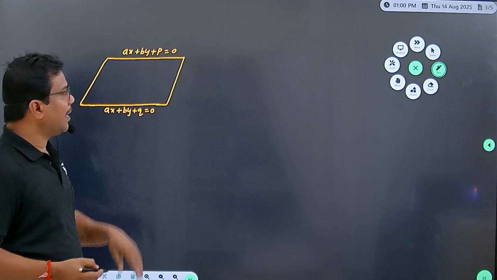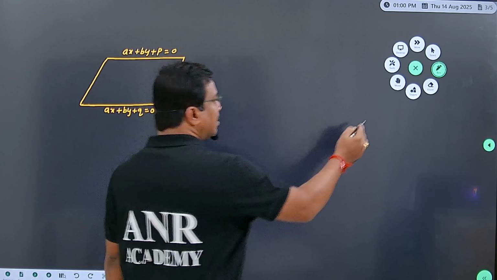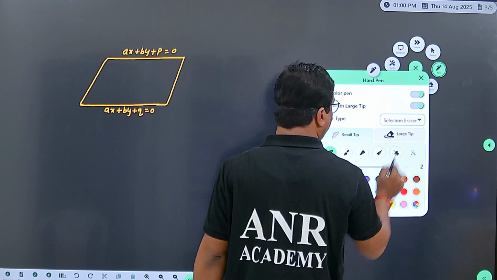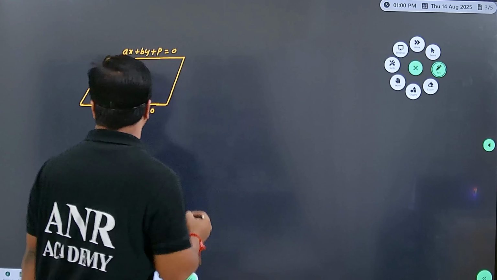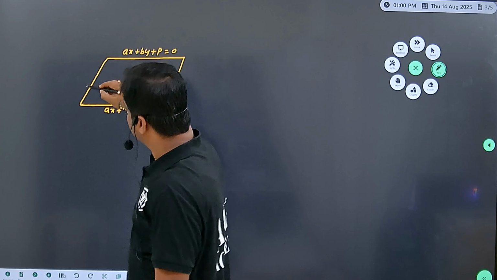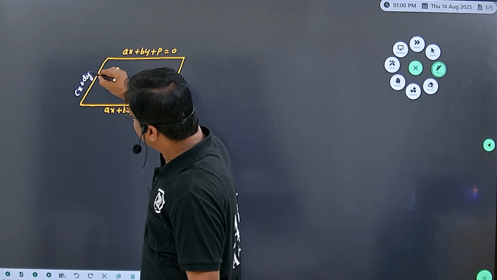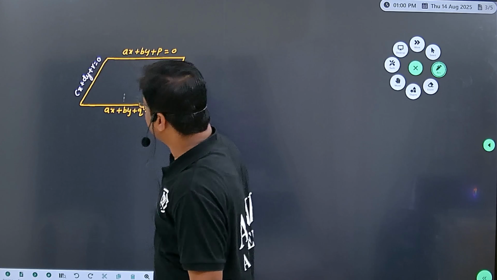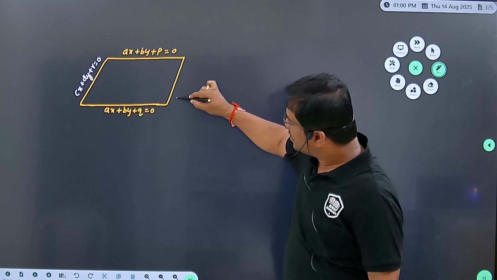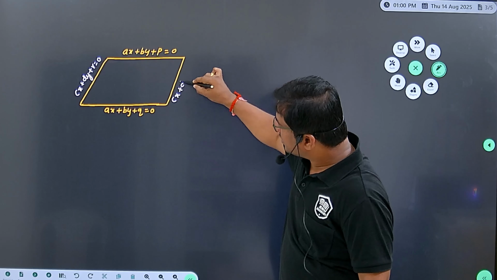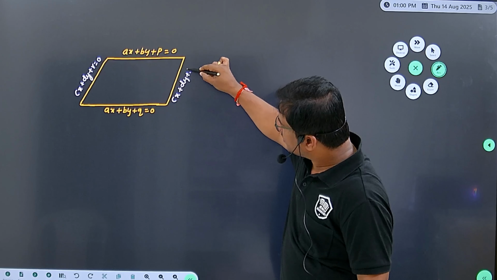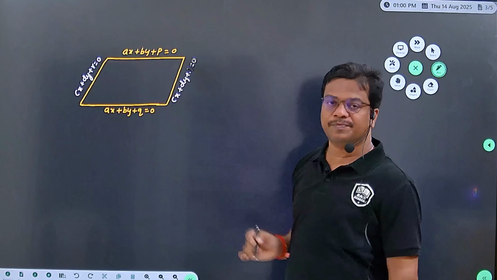Next two parallel lines are cx plus dy plus r equal to 0, cx plus dy plus s equal to 0.